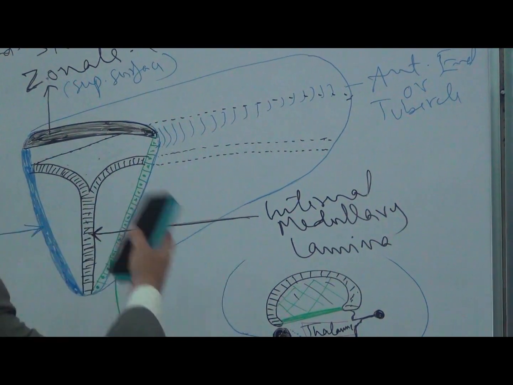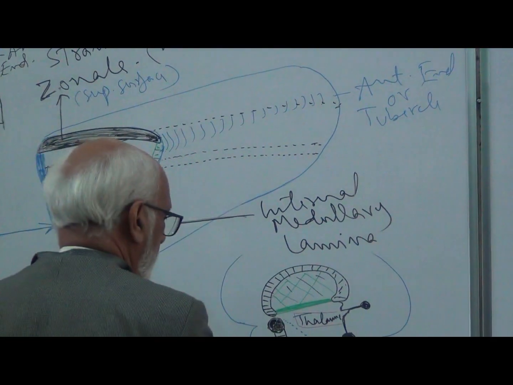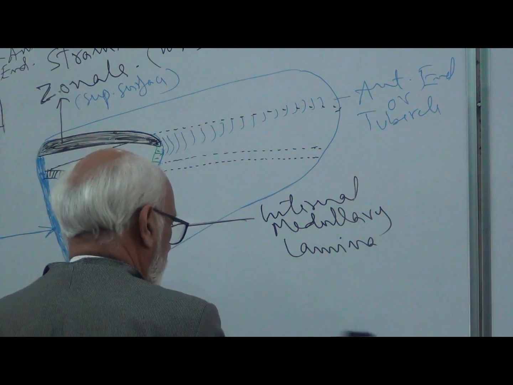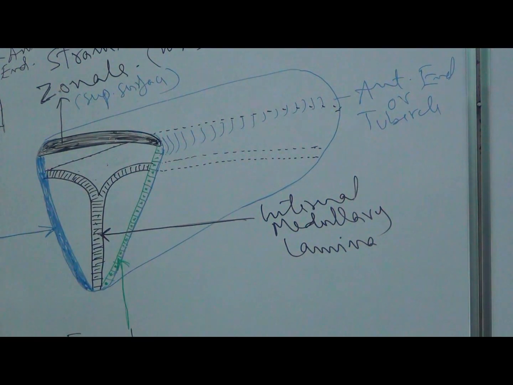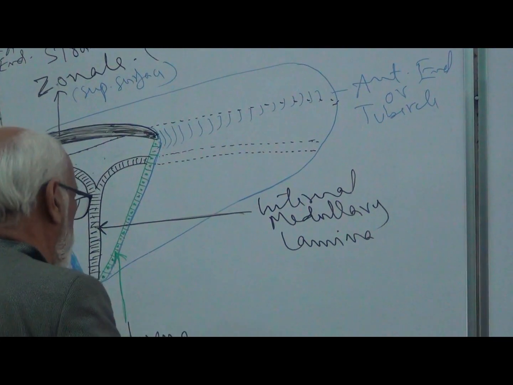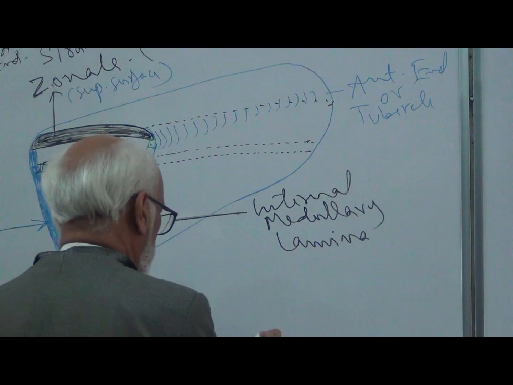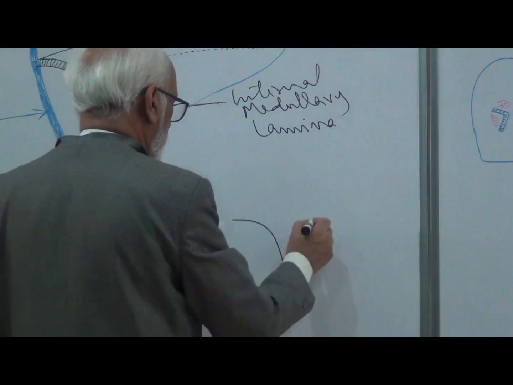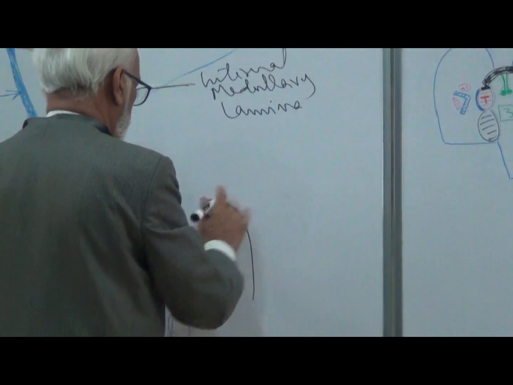Now, if we dissect out the internal medullary lamina and draw a three-dimensional view of it, this is internal medullary lamina, a layer of white matter.